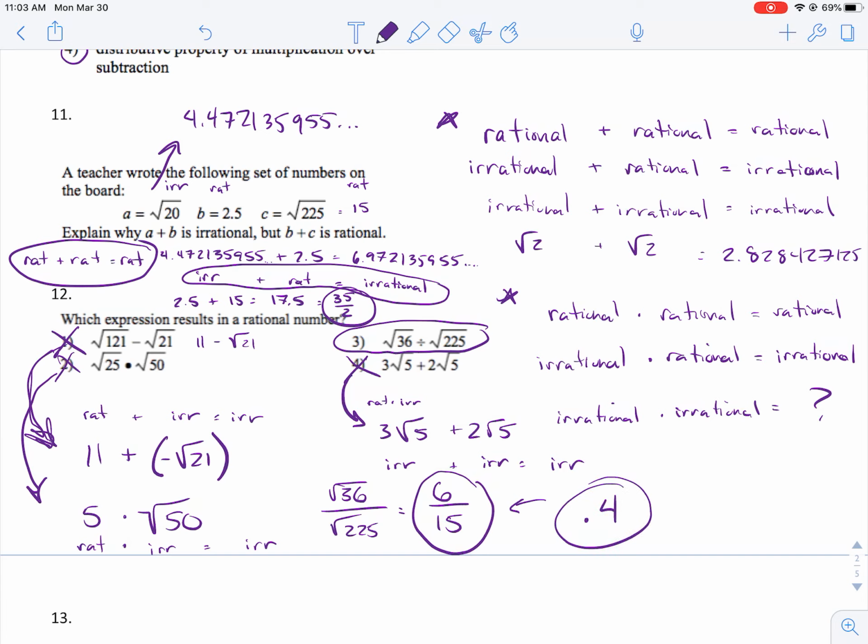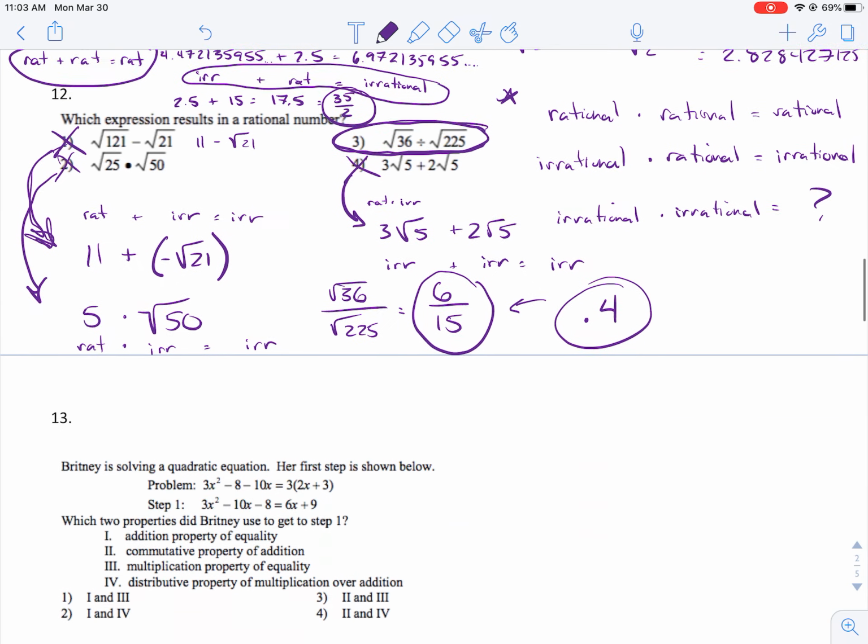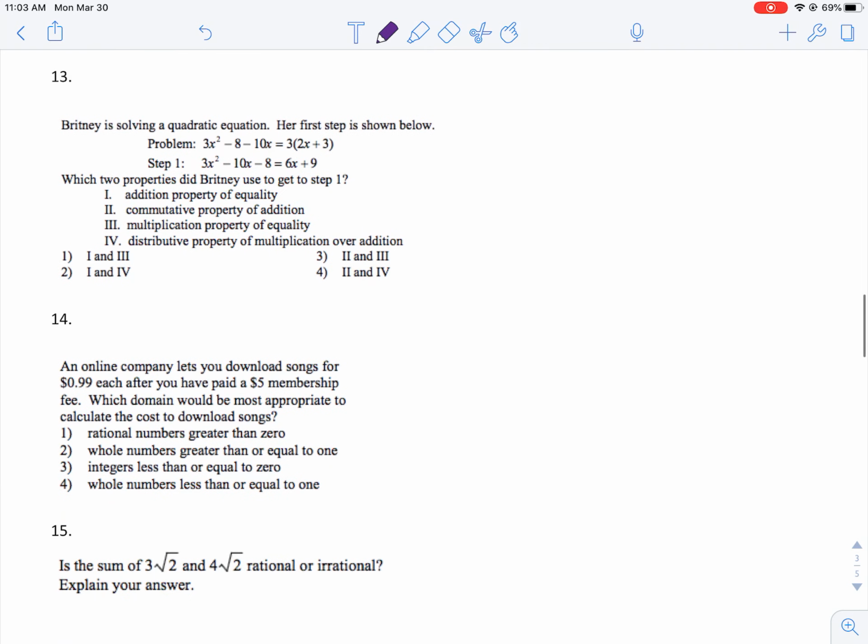If you divide 6 by 15, you get 0.4, which is terminating. So, therefore, number 12, option 3, is your rational number. That expression results in a rational number.